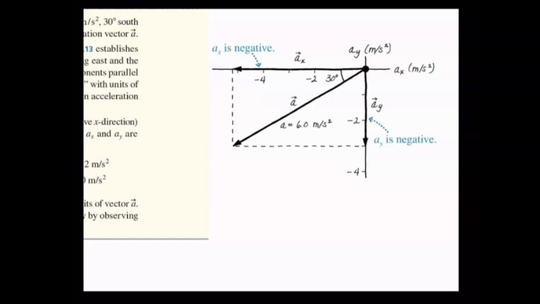We can solve for the components of the vector A by using the trigonometry shown in this figure. Notice that in constructing the plot, the units of the vectors on the axes are shown.